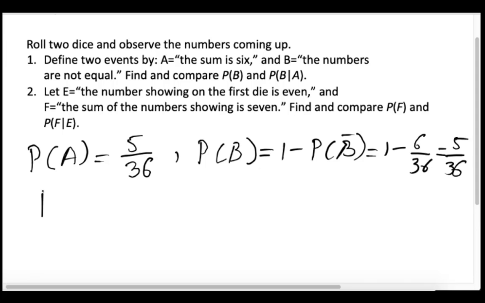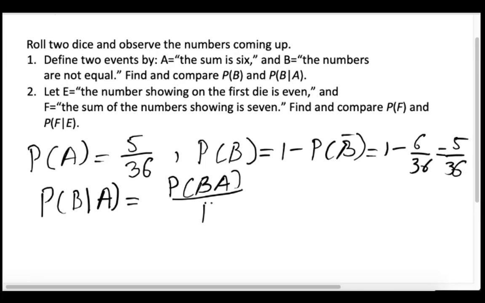Probability of B given A. That would be the probability of AB or BA divided by the probability of A. What is the numerator? The probability of B given A is the probability that the sum is 6 and the numbers are not equal.